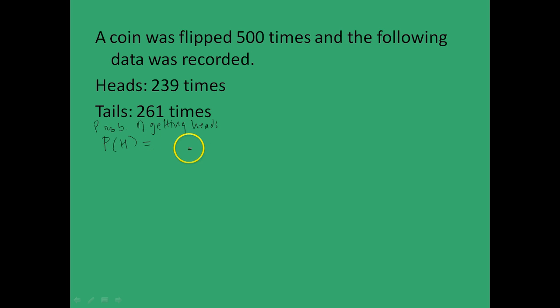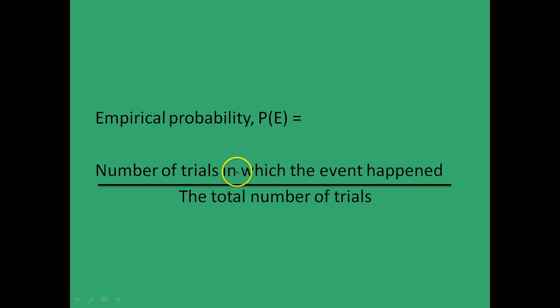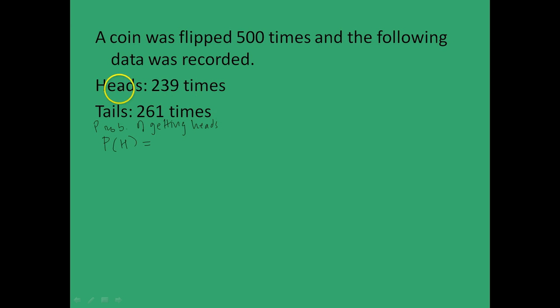Looking at the formula, it is the number of trials in which the event happened, that is the number of times heads came up, so the numerator will be 239, divided by the total number of times the coin was flipped, 500.